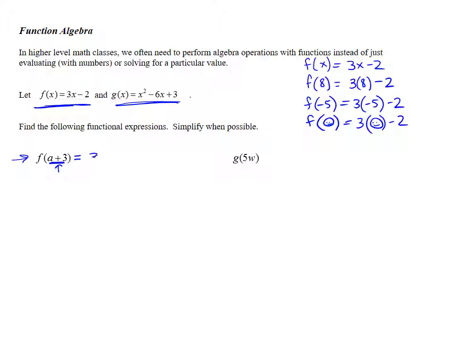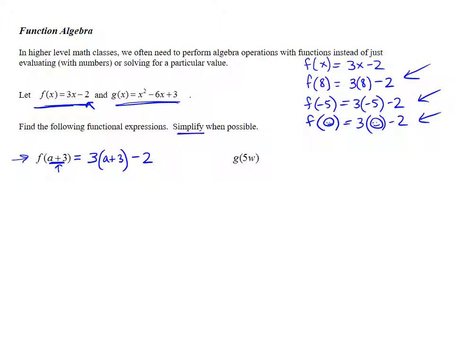So in this function we start with the 3 and then we want to put this a plus 3 in where we see the x. Now because a plus 3 is two terms, we want to surround it with parentheses, just like I did over here for the 8, the negative 5, and the smiley face. But it's essential here. And then we're going to subtract the 2 because that's still part of the function, so we subtract 2 after we multiply by 3.